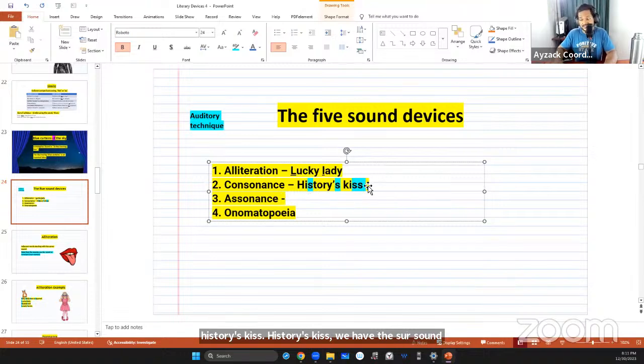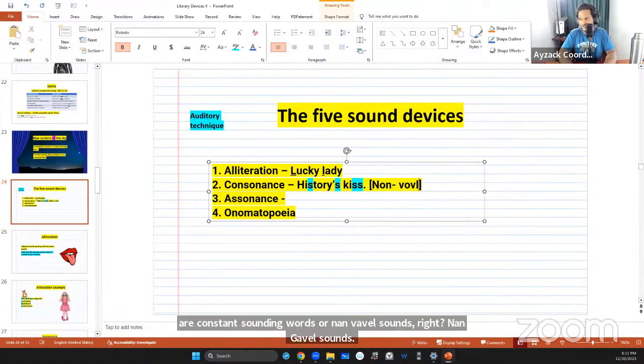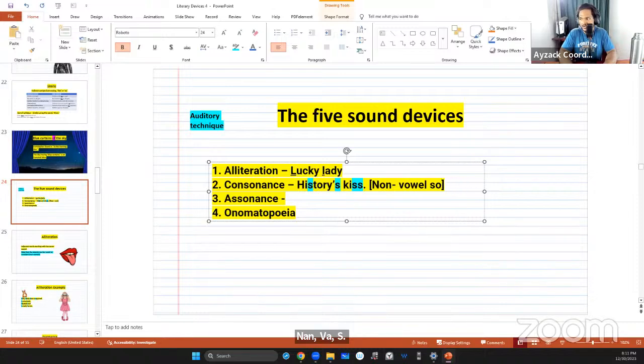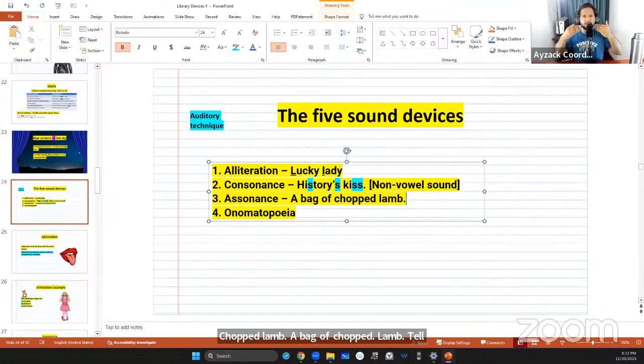These are consonant sounds or non-vowel sounds, right? However, when you have vowel sounds inside of the words, you call it assonance. Now, for example, a bag of ham, a bag of chopped lamb. Tell me, Nangis, what is the same vowel sound that you guys hear in this sentence?